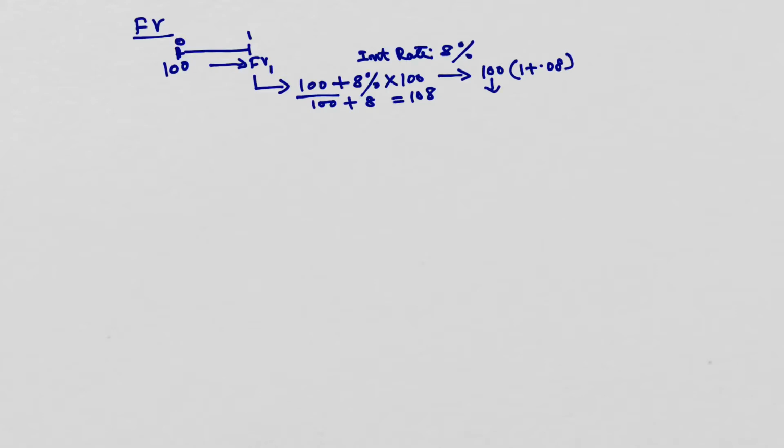So this is your amount today, let's say A, and this is your interest rate, say I. So this can be expressed as future value after 1 year is equal to present value, or your amount today, which will grow at this rate, and since it's 1 year, raised to 1.